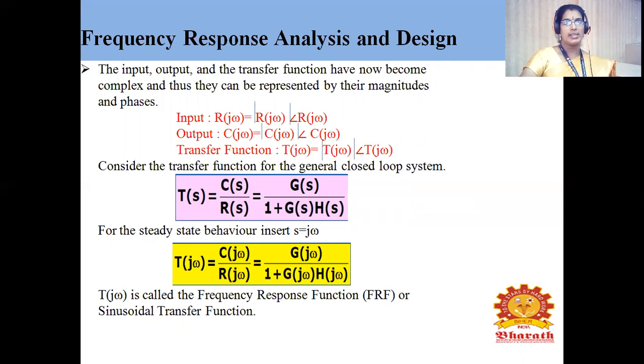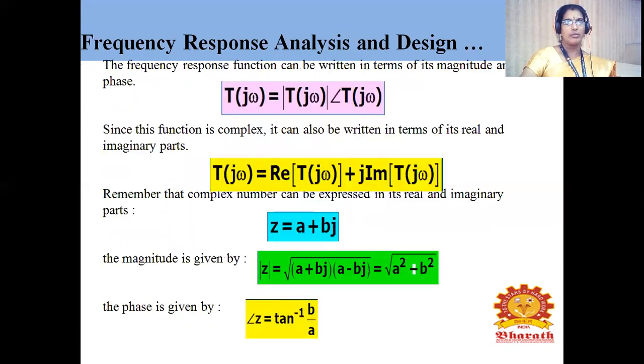We have to substitute s is equal to j omega. So in the previous equation, substituting s is equal to j omega, we get G of j omega divided by 1 plus G of j omega into H of j omega. So here T of j omega is nothing but the frequency response function, FRF, or sinusoidal transfer function for the given system in the frequency domain.